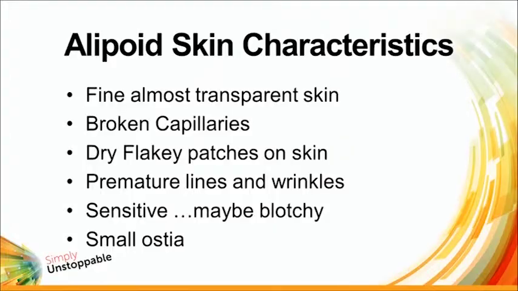Okay, so now let's have a quick look at the different skin types. The first one I said was alipoid. Alipoid means devoid of fats. And alipoid skin is characterized by very fine, almost transparent skin. It has broken capillaries because the skin is very fragile. It may have some dry, flaky patches on the skin. There may be other premature lines and wrinkles.